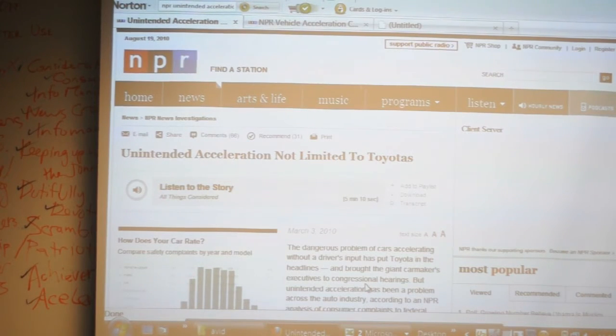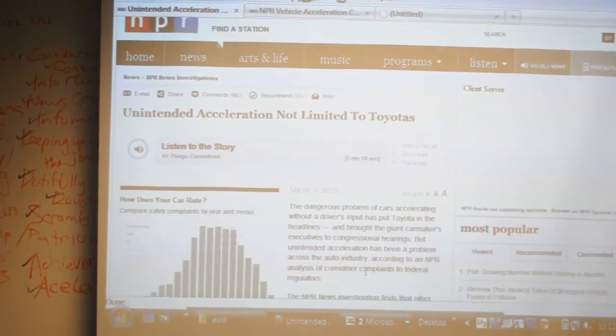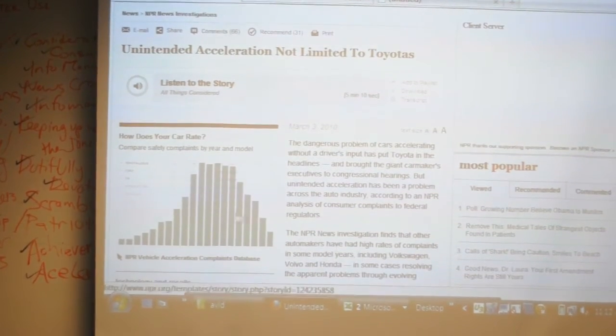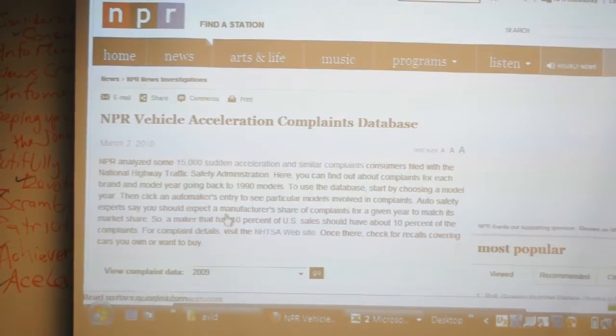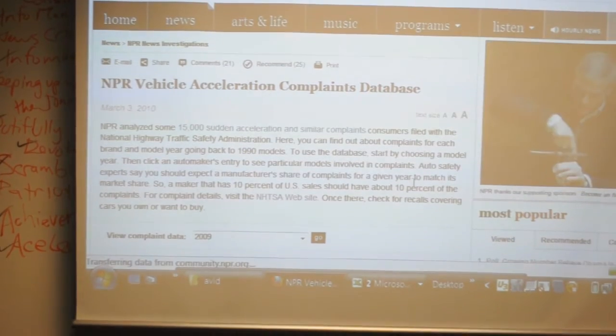And so what we did was we went on the air and we talked about this on All Things Considered, which is NPR's afternoon magazine show. And on the web, we put an interactive database where the user could go on there and input their model year and their manufacturer and find out about complaints for that particular model year and manufacturer in proportion to the market share.